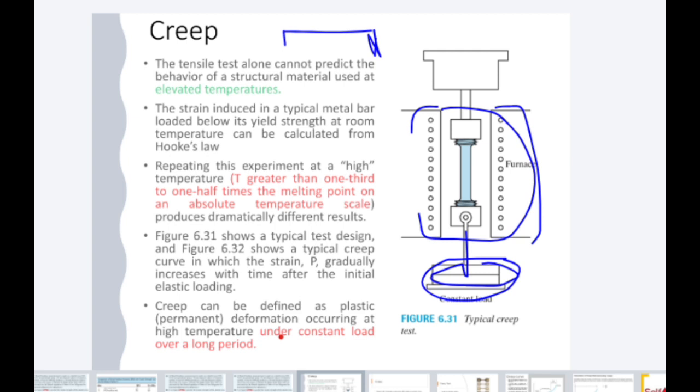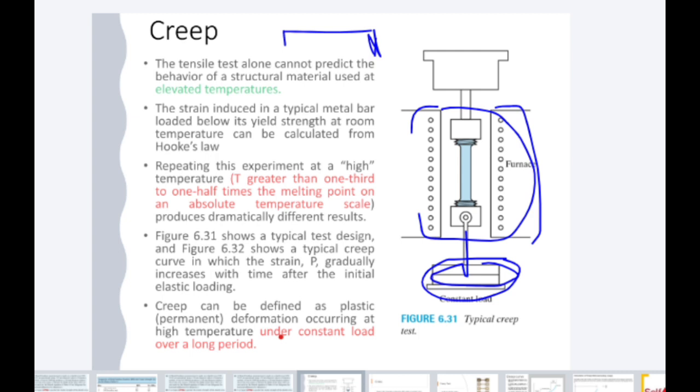Then in the lab test, I gave two questions. One: in the creep test, the load is increasing slowly and slowly. You people say true. Then another question: in the creep test, the load is decreasing slowly and slowly. And some guys marked true for both. Even if you are saying that it is increasing, okay, then the other question, it should not be decreasing, so the other should be false.